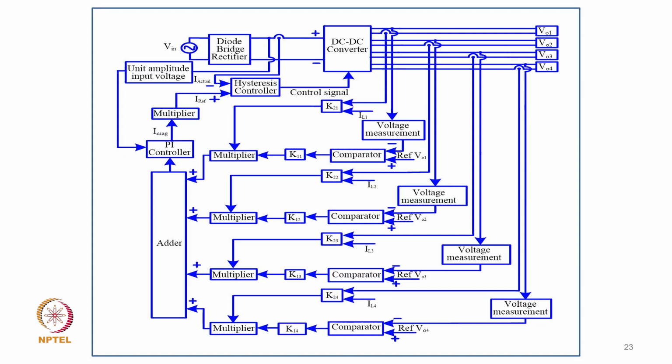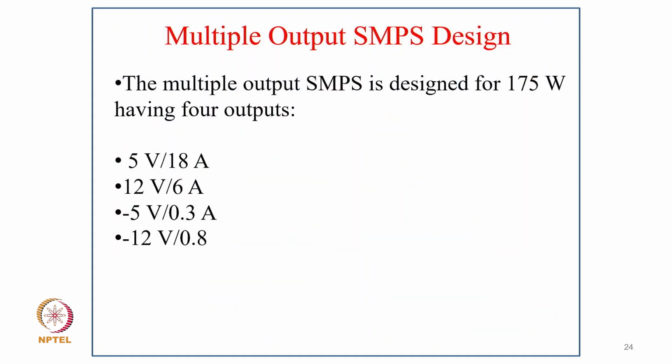One way is that you take only one output, another way is that you take the weighted sum of all the outputs so that all are regulated. So you can see how this control is modified so that you get a little more precise control of output voltage for the different outputs, because maybe all the DC voltages are supplied for different parts of the system. So this is the internal building block for such a modification of the switch mode power supply control.